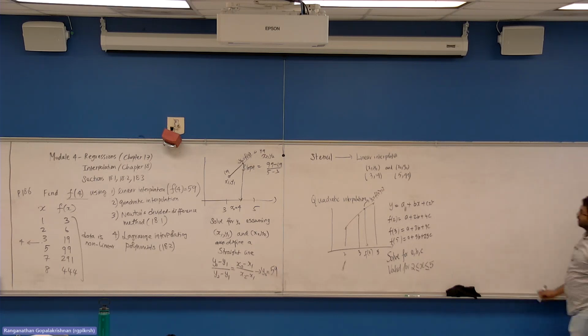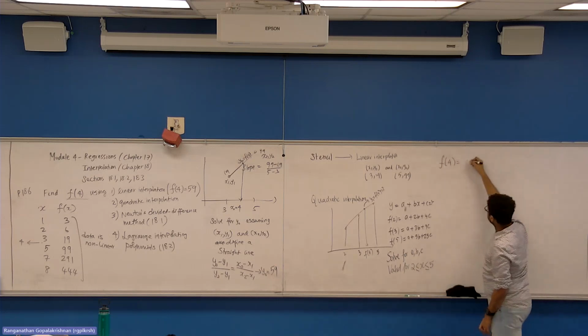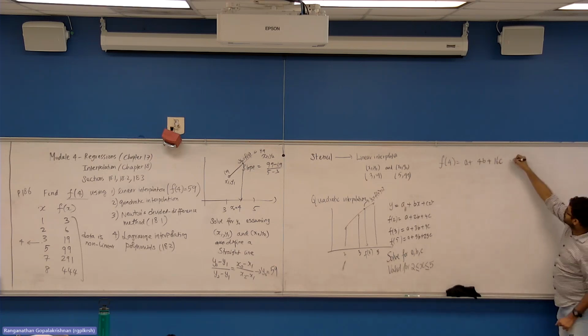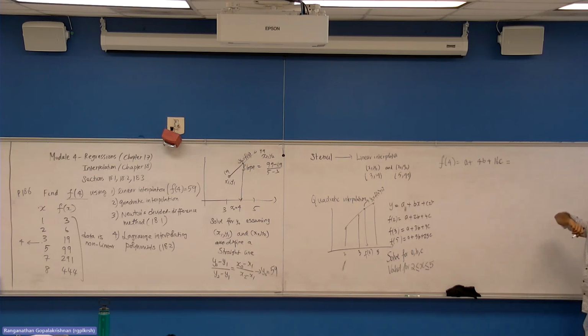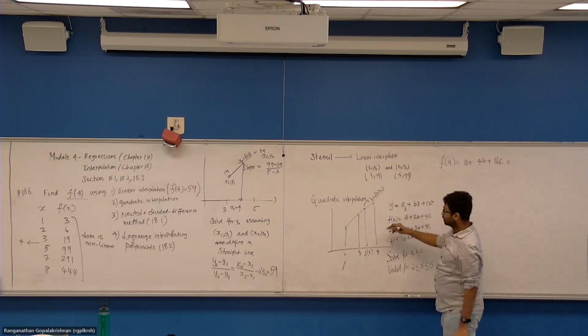So if you want f of 4, you would take whatever a is, a plus 4b plus 16c, which is equal to, now you are going to solve this.